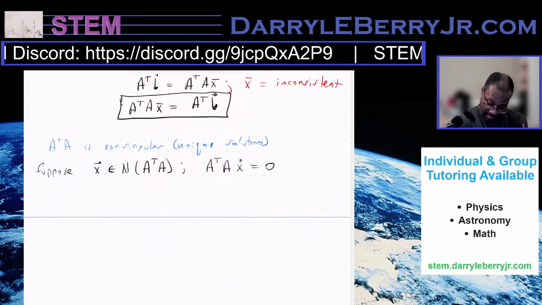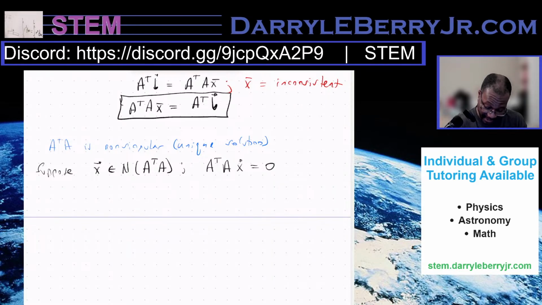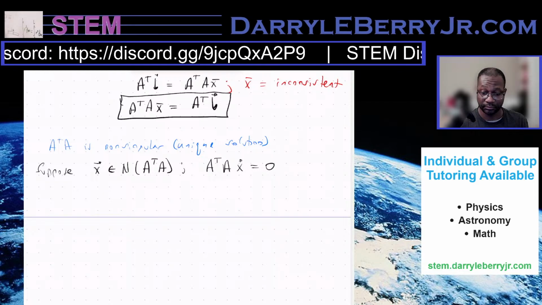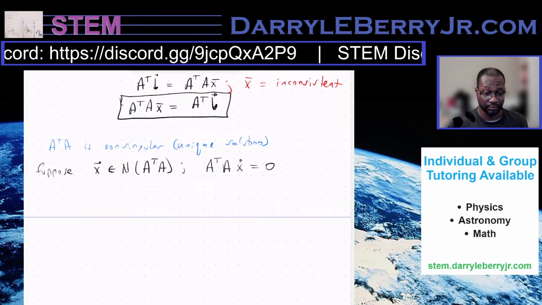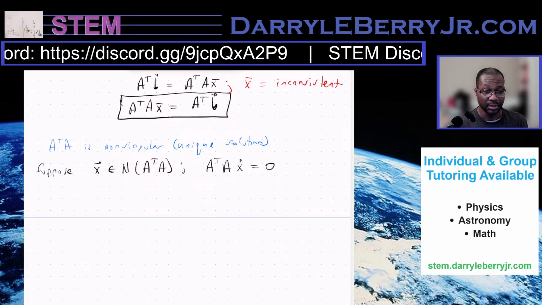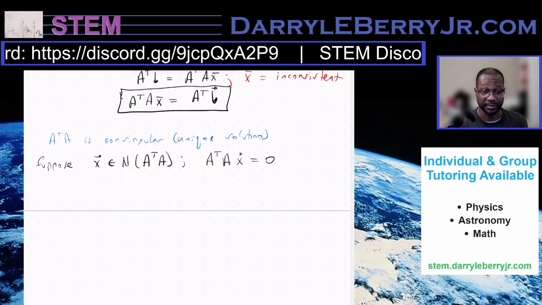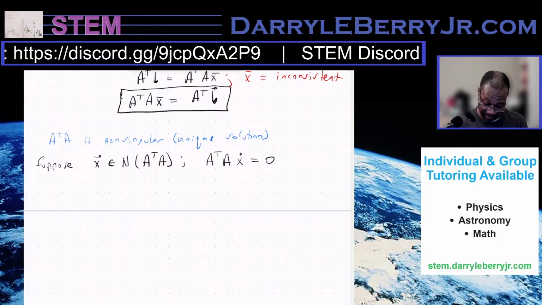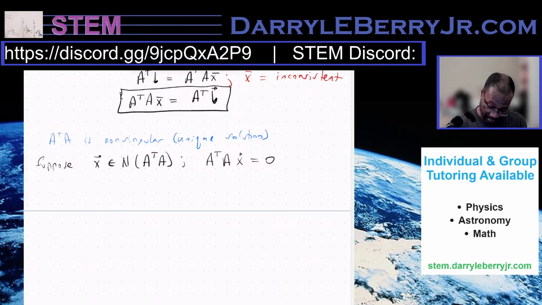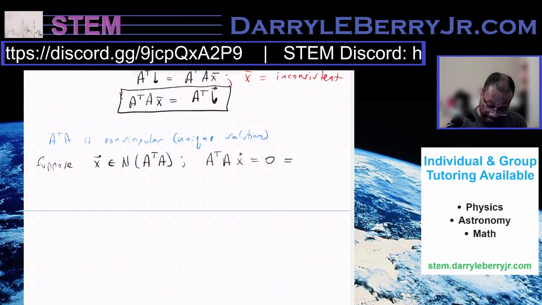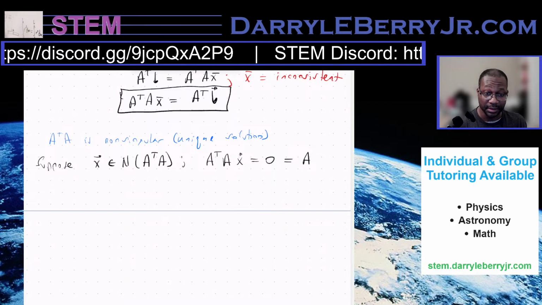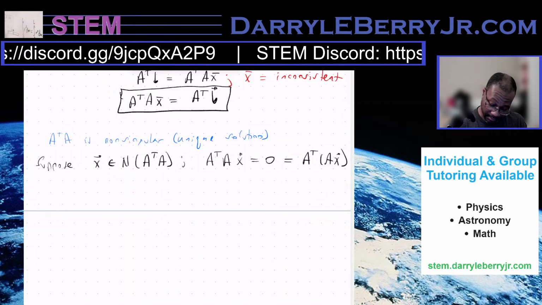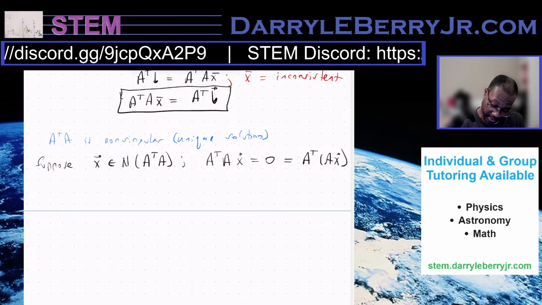That's what that means. If X is in the null space of that, that means A^T A X equals 0, which they say on the next page. Right, so I think I'm understanding this.